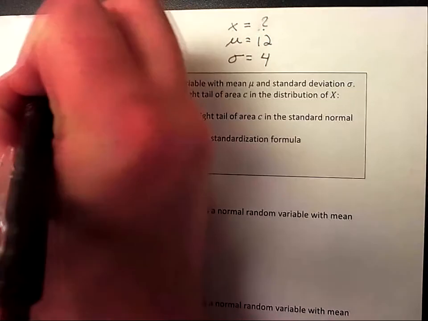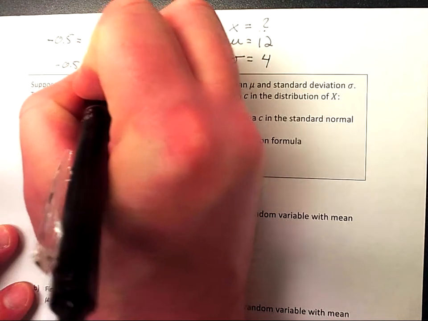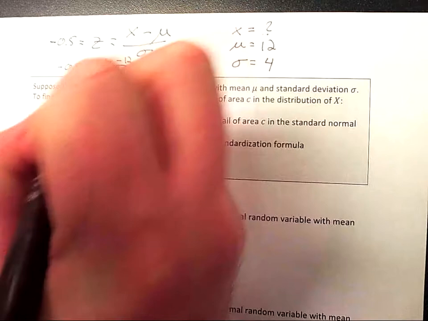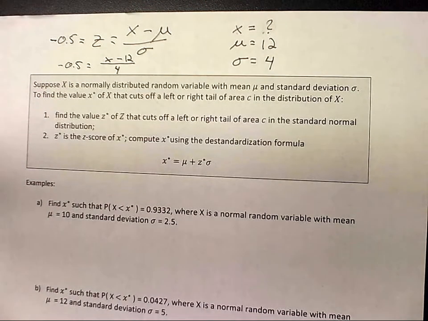Because all we would do is rewrite this: negative 0.5 is equal to x minus our mean, which is 12, divided by our standard deviation, which is 4. Everybody in this room most certainly feels very comfortable solving for x. Is everybody good with that? All right. That's basically what we're doing in this section. We're just saying, hey, find x.